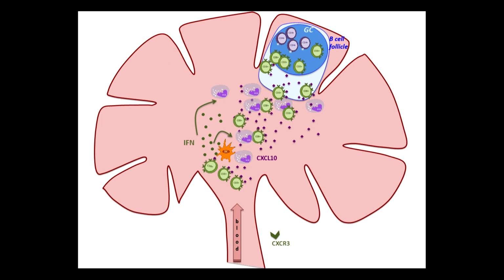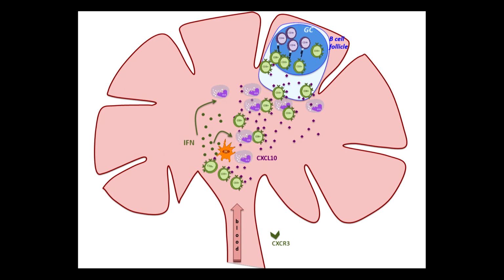Now, once they get there, they're not necessarily SIV or HIV specific, so they can't really kill these cells. But if we now go in with a bispecific antibody, we can now make these cytolytic CD8 T cells kill those cells and start to eliminate the virally infected cells within those germinal centers.